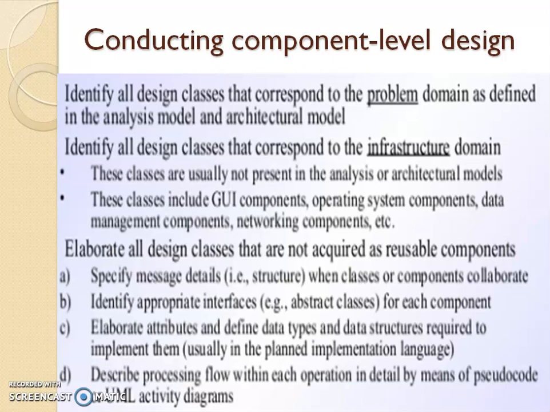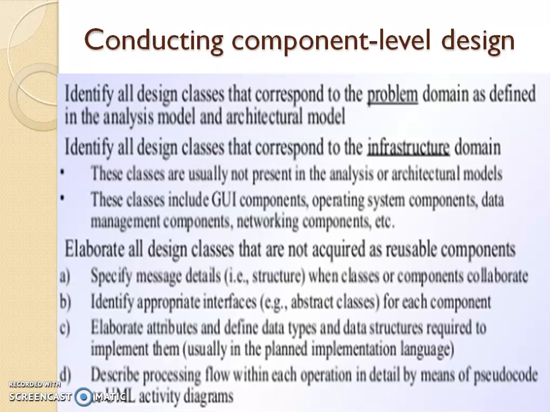And the next step, elaborate all design classes that are not acquired as reusable components. Specify data structures when classes or components collaborate. Identify appropriate interfaces for every component, and elaborate attributes.